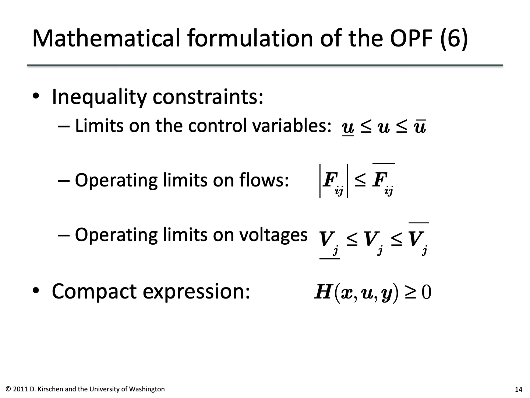The absolute value is necessary because the maximum flow applies whether the flow goes in one direction or the other. And these flows will arise from the power flow equations. We also have operating limits on the voltages at each bus. And to express all of this concisely, we have a function capital H of the state variables x, control variables u, and parameters y that must be greater than or equal to 0.